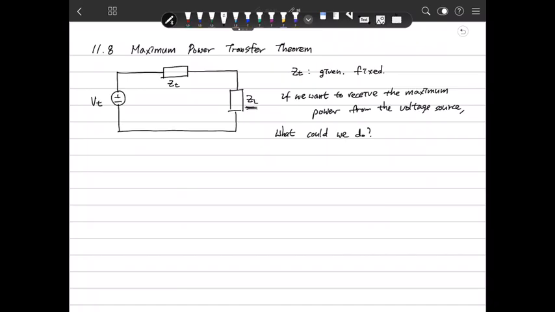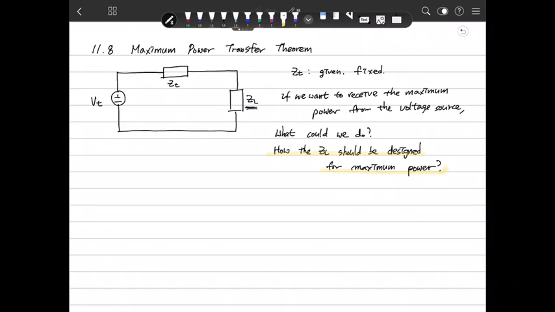There's a problem over this: how the ZL should be designed for maximum power. That's your target to do in this chapter.